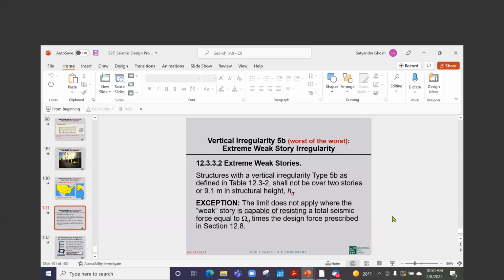So the overstrength, do we have to use overstrength factor only for ground floor members or all frames when the building has a soft story? Let's see. Yeah, I think what he means is no, I understand the question now.